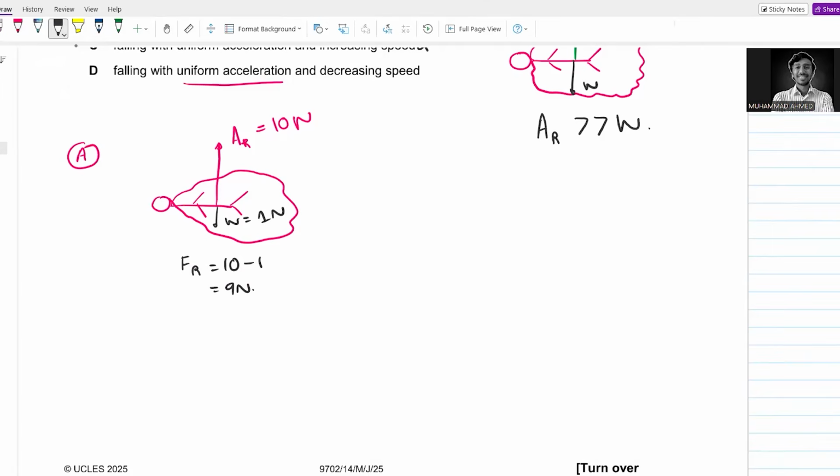Now, if the air resistance is greater than the weight, your velocity will decrease. What will happen at position B? Your velocity has decreased. अब आपको पता है वेलोसिटी इज डायरेक्टली प्रोपोर्शनल टू एयर रेजिस्टेंस. अगर वेलोसिटी गिरेगी बेटा, एयर रेजिस्टेंस की फोर्स भी गिर जाएगी.